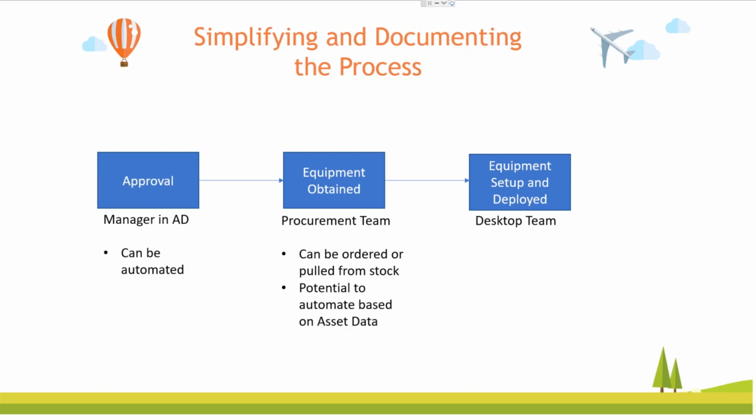An important thing to note here: there could be several steps in this obtain equipment step. There can be several things that need doing. As a rule of thumb, if it's all done by one team, then make it one block in your process. If one person or one team has to do several things, then that can still be one activity within Service Manager.